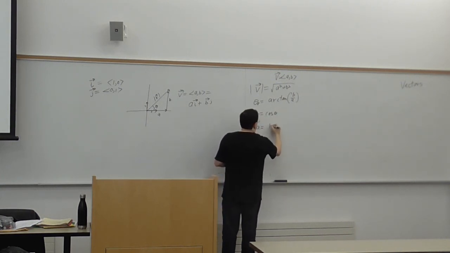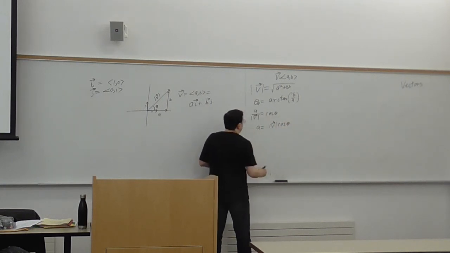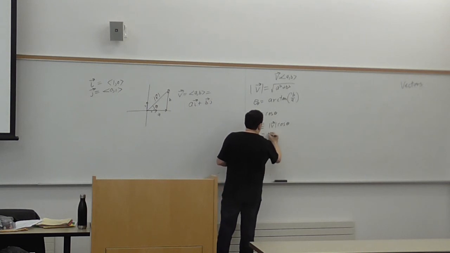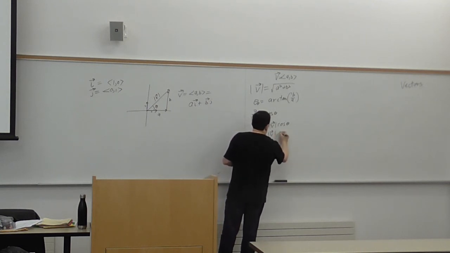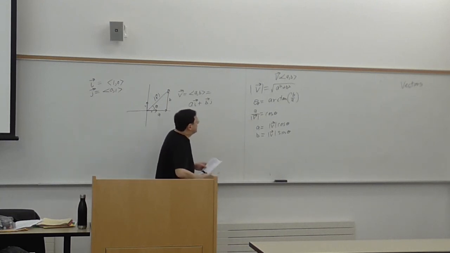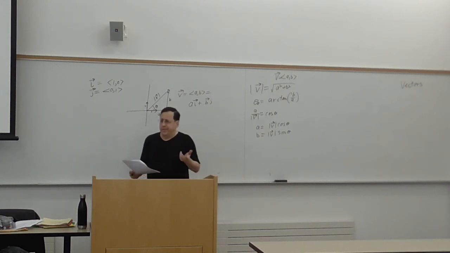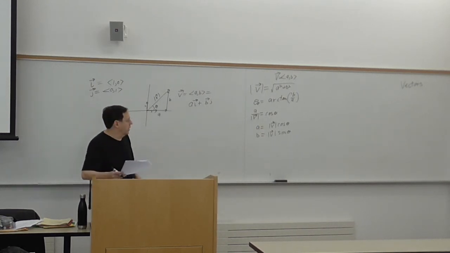So a is just the norm of v times the cosine of theta. And b will nicely be the norm of v times the sine of theta. So we have some equations that allow us to go back and forth between the magnitude and direction and the components.